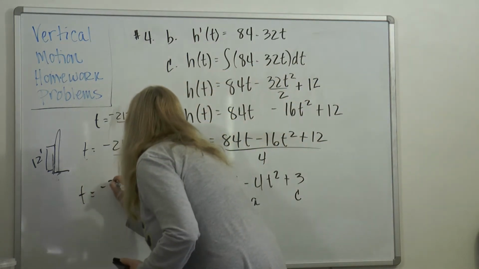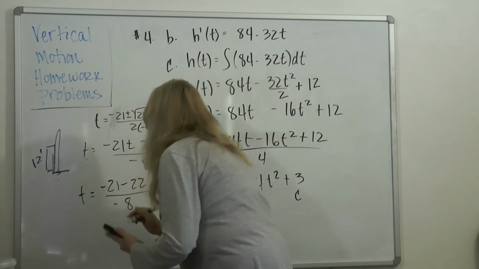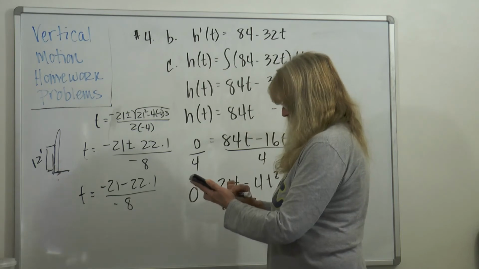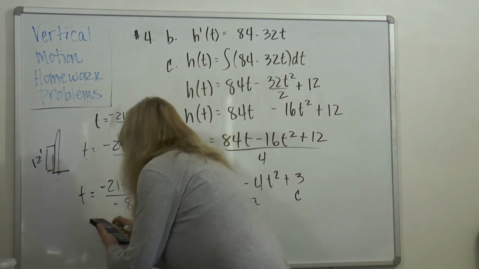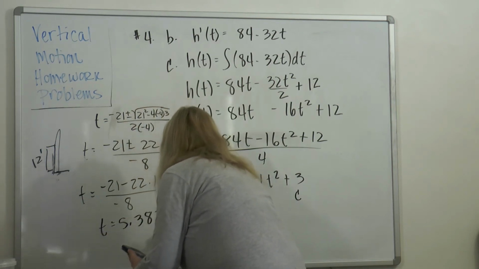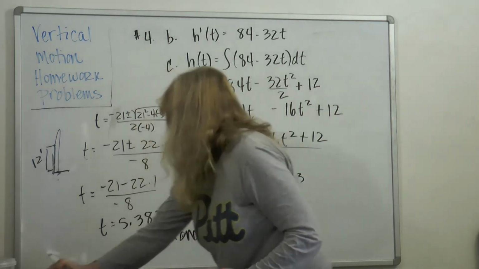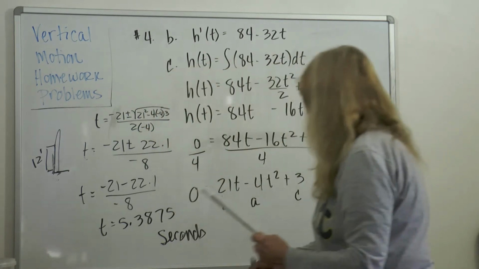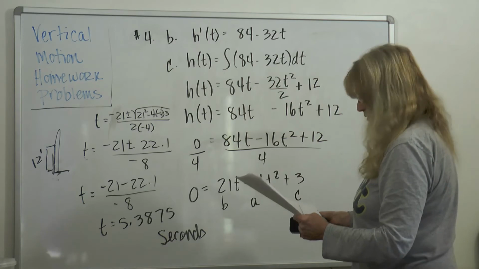So t is going to be negative 21 minus 22.1 over negative 8. Okay, so that's how long it's going to take until it hits the ground.